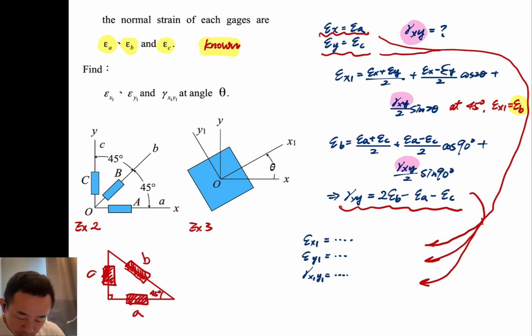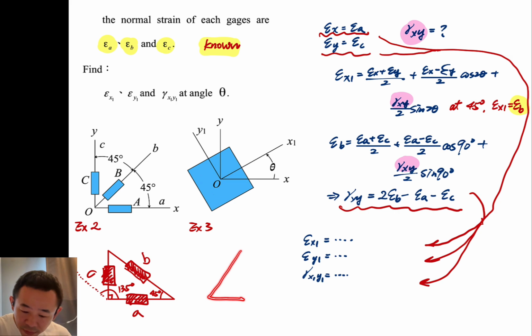Actually, don't worry. You just need to extend this, and then you will have your 135 degree to obtain this. By using the one here at the 45 degree, now it becomes 135 degree. All right.